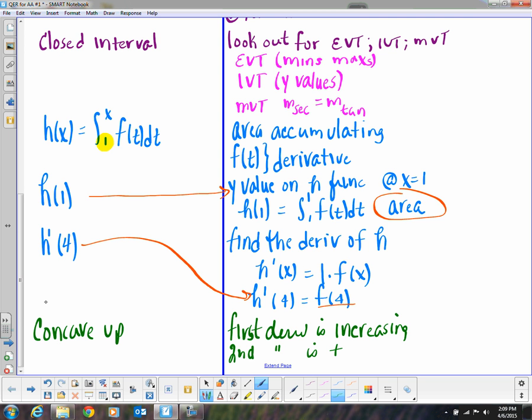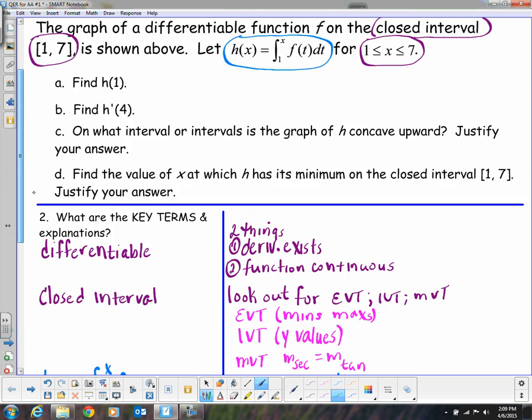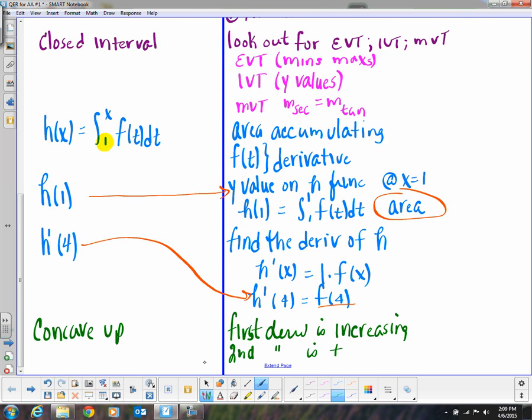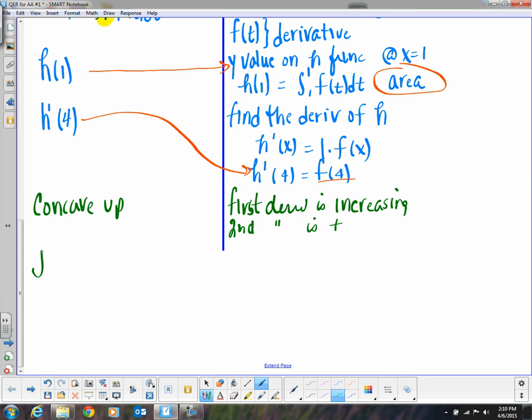That's how we look at concave up. Justify, so I have to remember to explain. We've got to put justify in here, and that means we're going to have to explain.